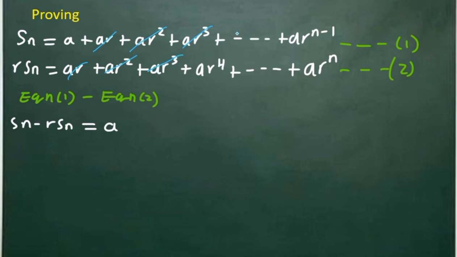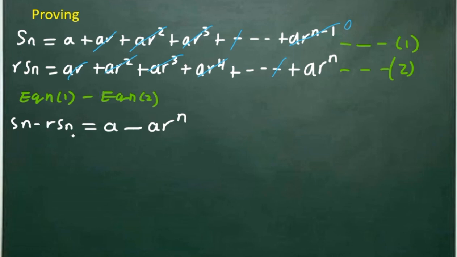The next term, ar to the exponent of 4, here and here is gone. Also, the ar to the n minus 1 terms are both gone. Remember the value of ar to the n in equation 1 is 0, and we are saying equation 1 minus equation 2, so this will be 0 minus ar to the exponent of n. So we are going to have minus ar to the exponent of n.